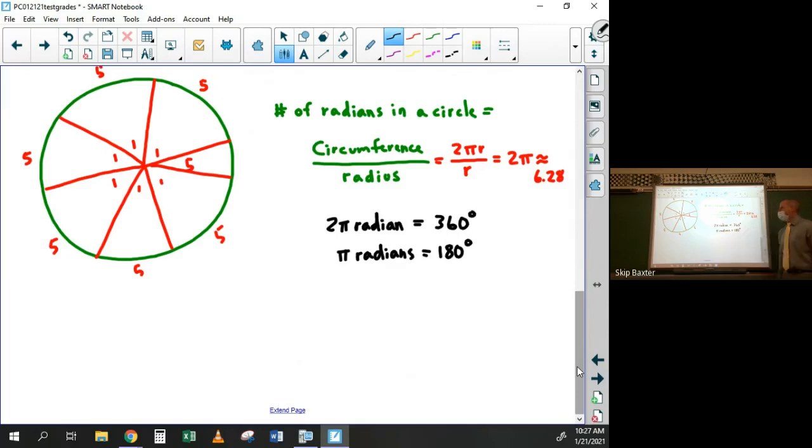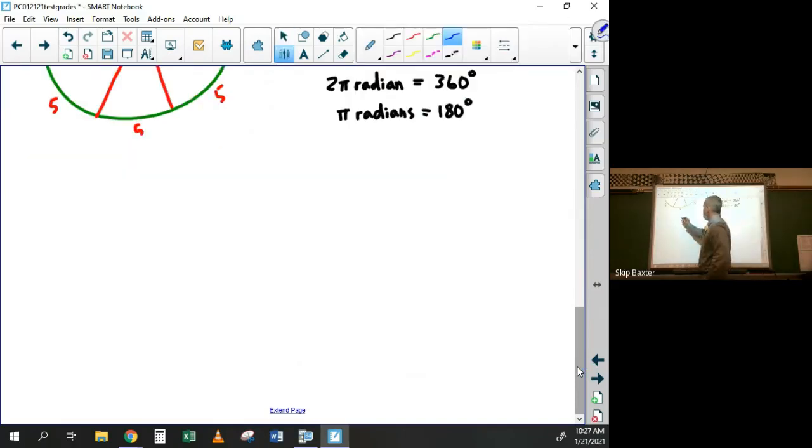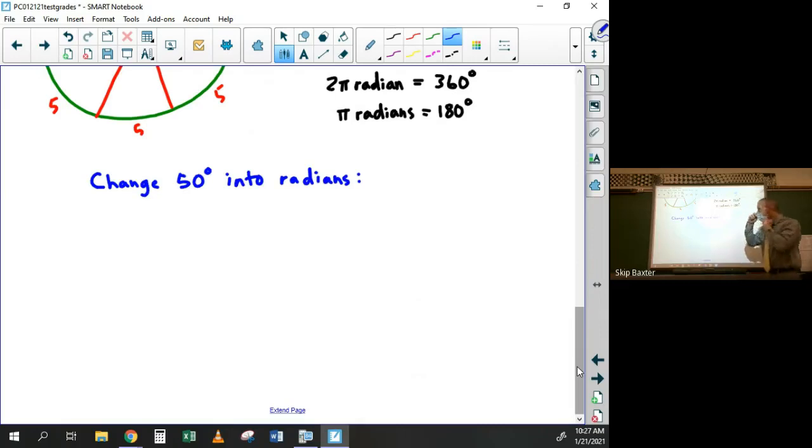That's the conversion. So if I wanted to set up a proportion to change from one thing to another, suppose I wanted to change 50 degrees into radians. All I'd have to do is just set up a proportion.